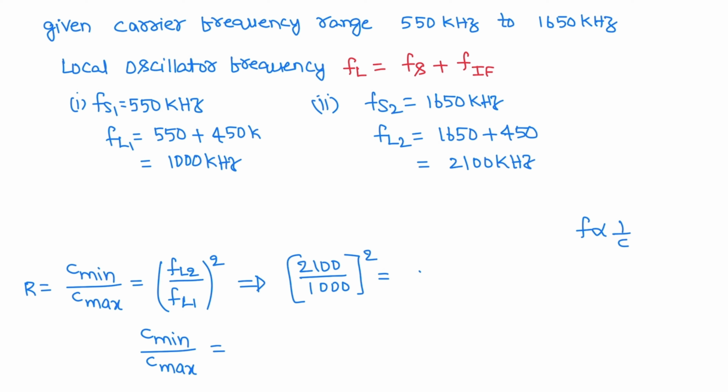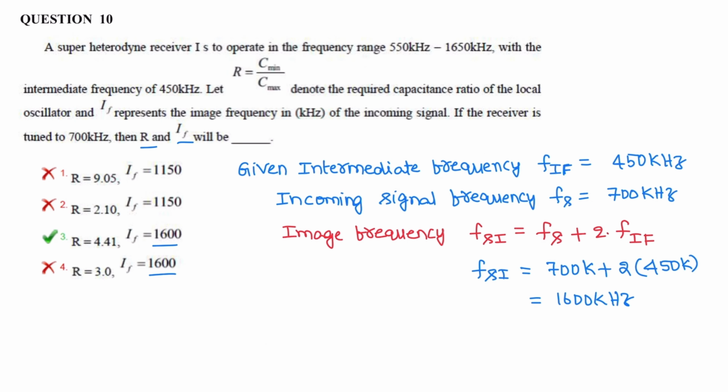Its value is 2.1 square, that is 4.41. Now the ratio of C minimum to C maximum is 4.41. Correct answer is option 3. Image frequency is 1600 kilohertz and the ratio of C minimum to C maximum is 4.41.